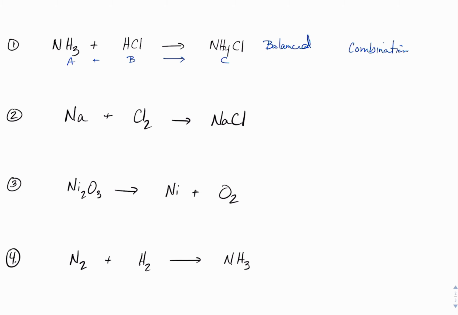The second one is not balanced. We would need a 2 here in front of sodium chloride and a 2 in front of Na in order to balance that completely. Again, this is the same feature of A plus B yields one product, C. This would be considered a combination.